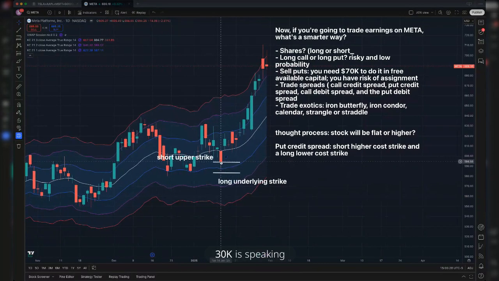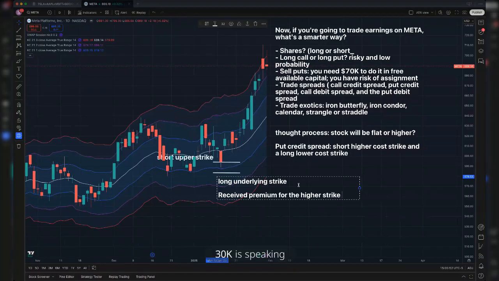So if this were the earnings day, the January 14th candle, and you had a short upper strike and a long underlying strike, what it would mean from an option point of view is that you would have received premium for the higher strike.